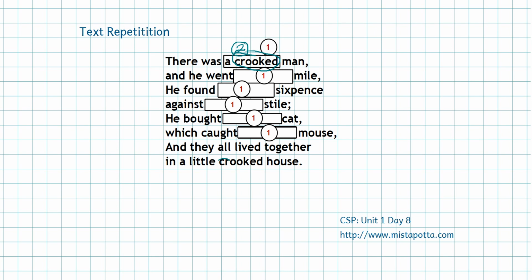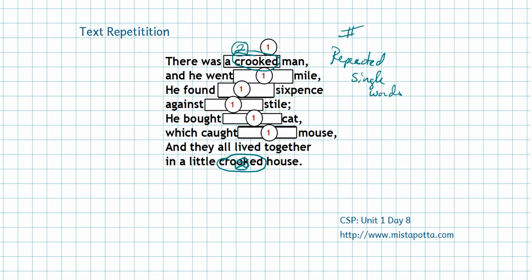Anytime that I see repeated stuff, I can give it a number. So number 2 is just if I see the word "crooked." These are just repeated single words. That's what I'm looking at second here.